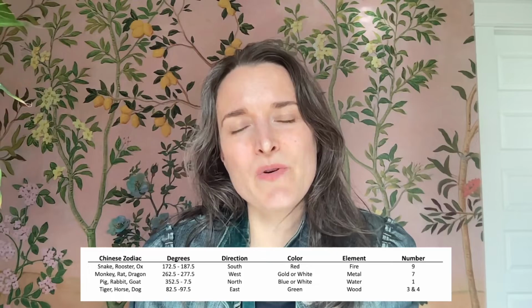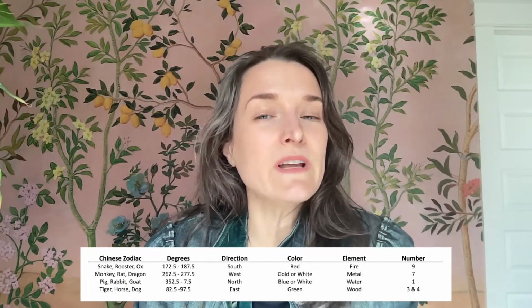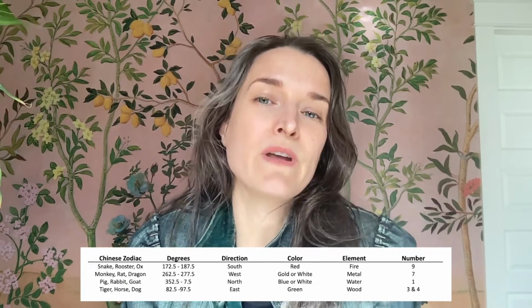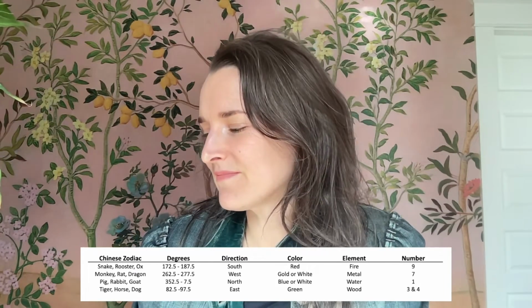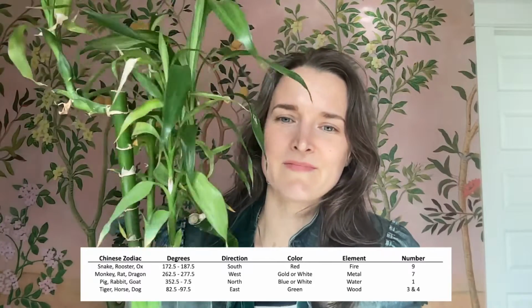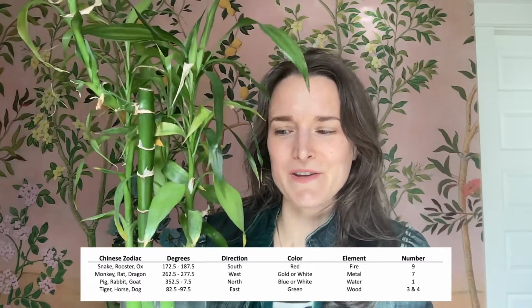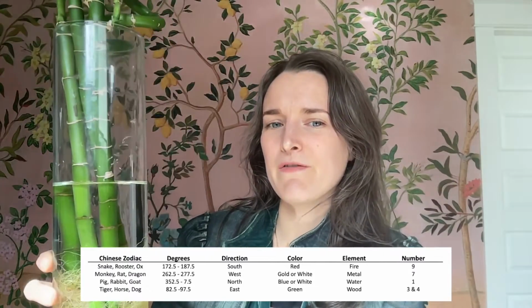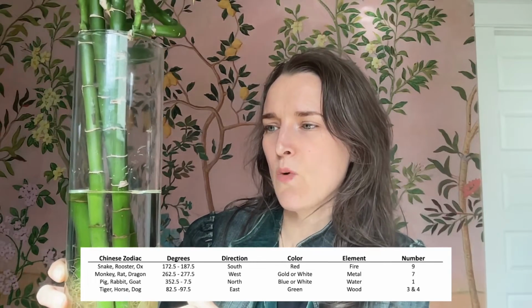In this example, we have a year of the dog. The color is green, so really that's going to be any green plant that's in water. A green flower would work. Traditionally, we're going to use bamboo, so that's what I use. I have 4 stalks of bamboo in clear water.